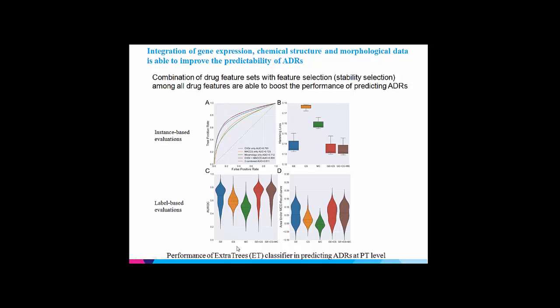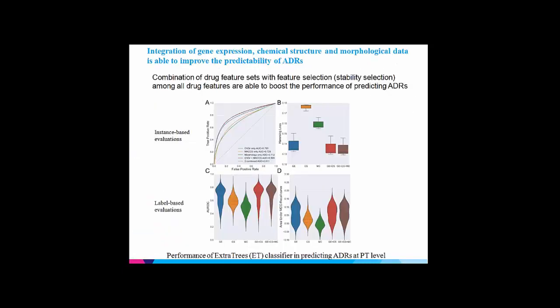And combining gene expression with chemical structures can still significantly improve the predictability for each ADR, or for those ADRs as a whole. And I tested those two with the Wilcoxon rank sum test, and it is significant that this one is significantly larger than this one.